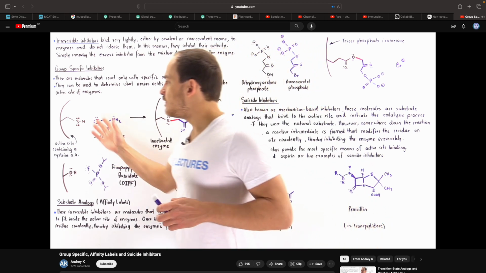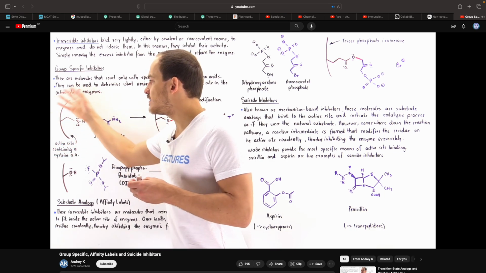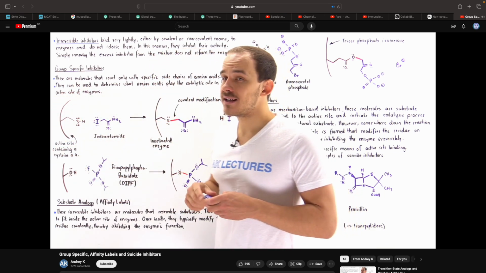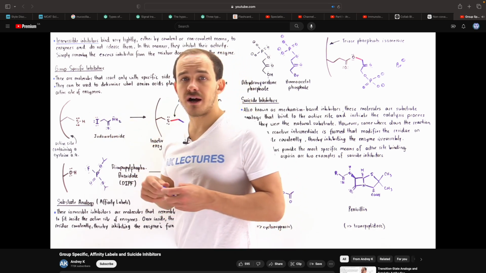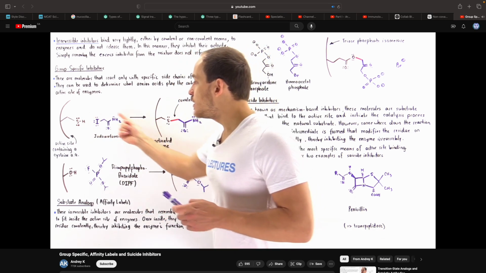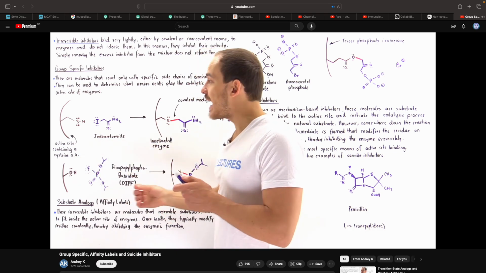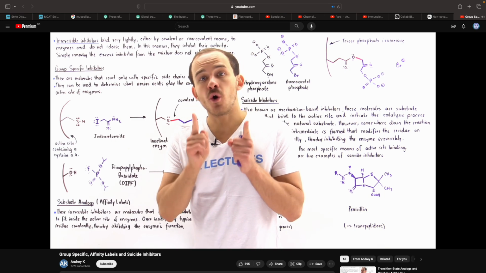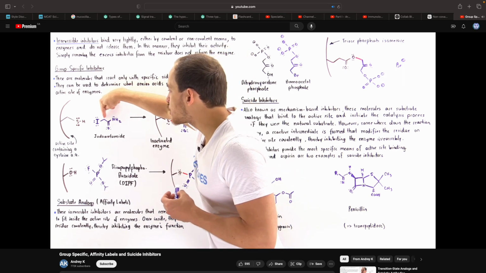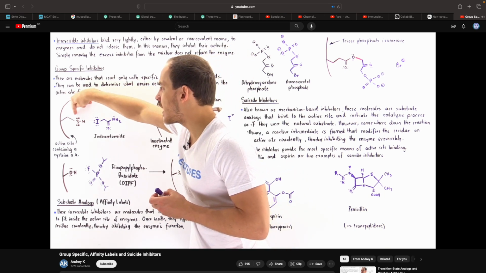If we take an enzyme with a catalytic cysteine in its active site, the iodoacetamide will react with that cysteine to form a covalent bond between this carbon and this sulfur atom.